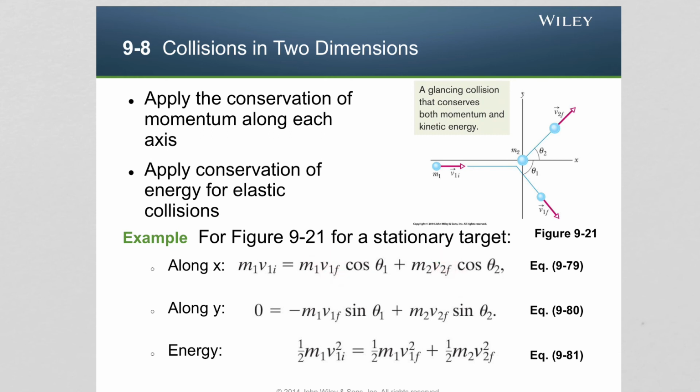So solving this system will give me solutions for the final velocities of the two particles after collision, and also information about these angles if I need it. So the formalism again is pretty similar to one-dimensional situations, provided that you are able to separate the linear momentum equation into equations along the x and y direction.